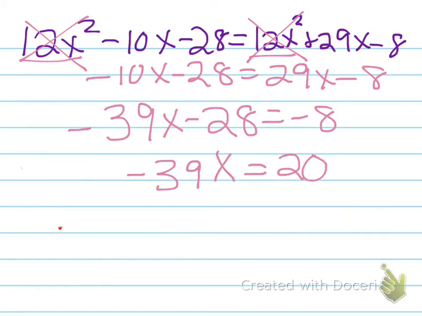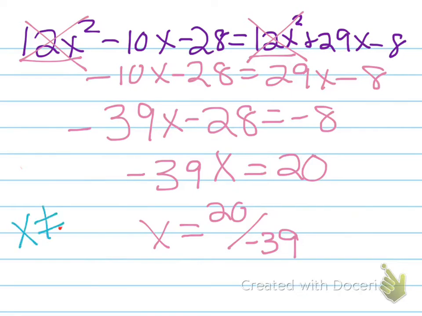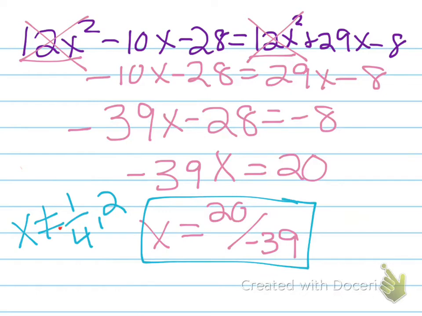So when you divide, this actually doesn't simplify, so you're going to get 20 divided by negative 39. Check to make sure that wasn't in our domain restriction. So what our domain restriction was from our original, since we can't see it anymore, is x can't be 1/4 or 2. Since we didn't solve and get either of those numbers, we're good.